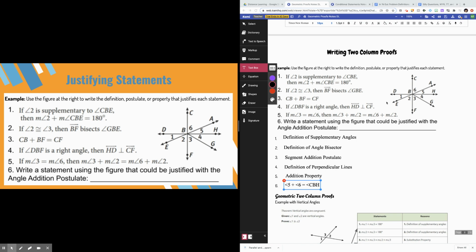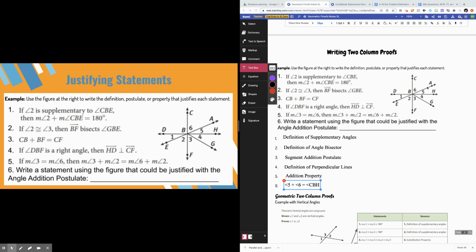Okay, and number 6, there's lots of possibilities that you could have written here. I just wrote one. It says write a statement using the figure that could be justified with the angle addition postulate. So I just said angle 5 plus angle 6, which you can see here. Okay, angle 5 plus angle 6 equals angle CBH, right?